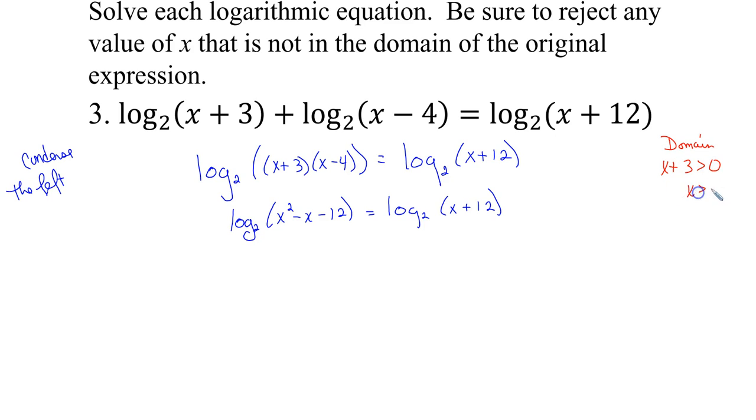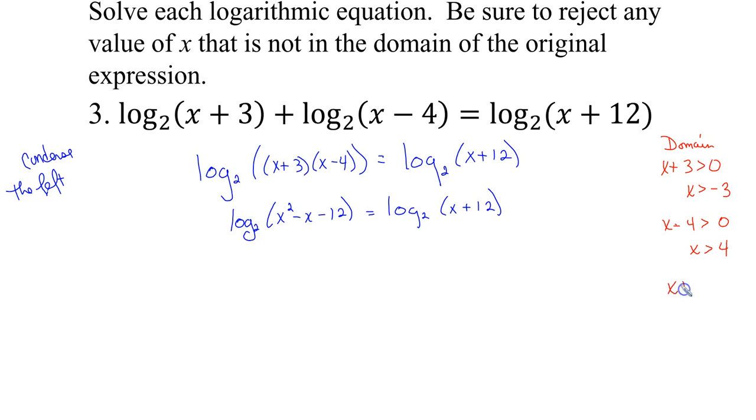We find that x must be greater than negative 3. Then we look at x minus 4, trying to do these in order. Set it greater than 0, and we discovered that x must be greater than 4. X is greater than 4 is more restrictive than negative 3.